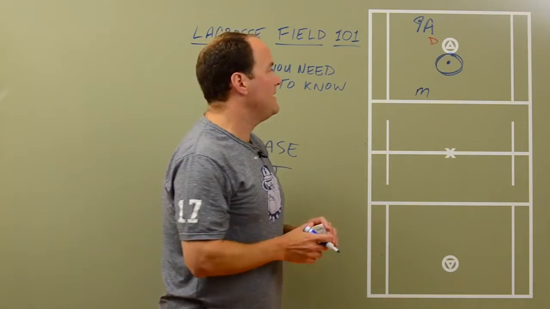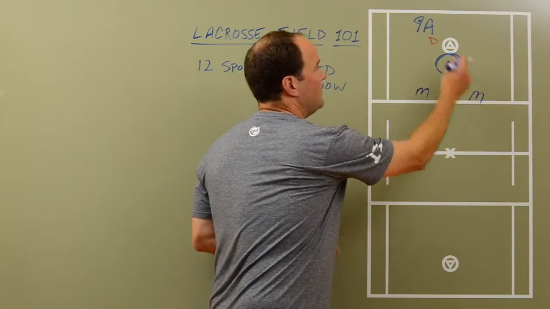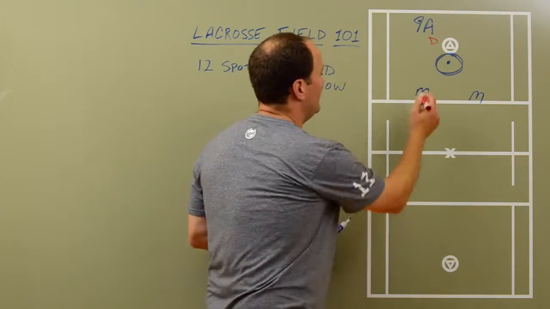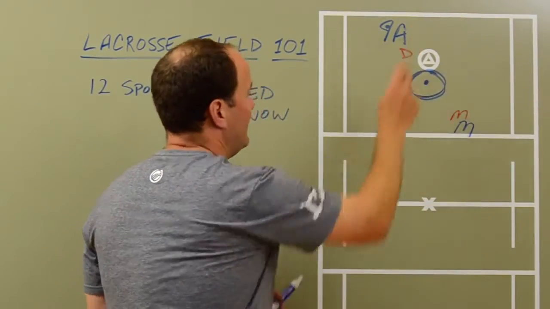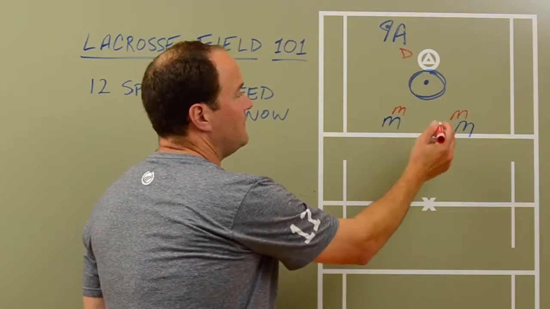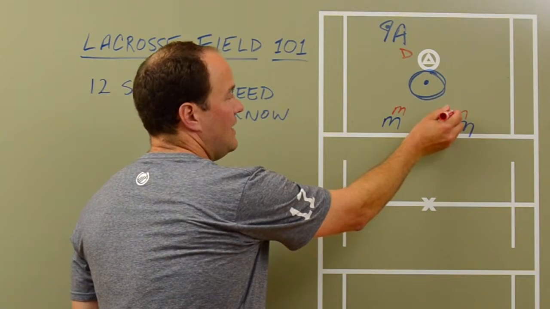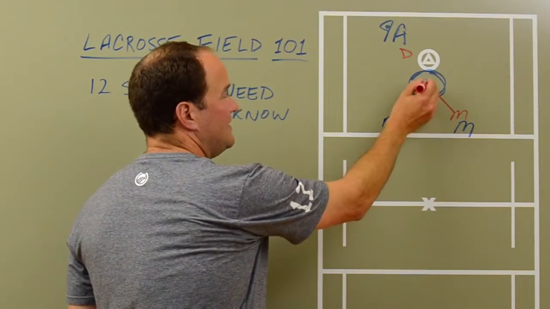And the purpose of that is when you're talking about team defense, let's assume that the ball was behind with this attackman, okay? Defensively, we would want the backside midfielder in this case not only to get to the crease to help guard the crease, but we would say get to the dot.